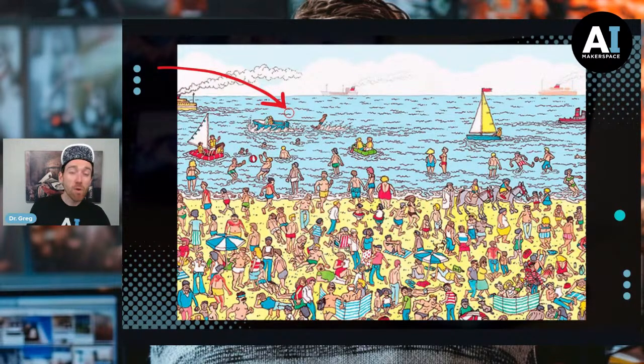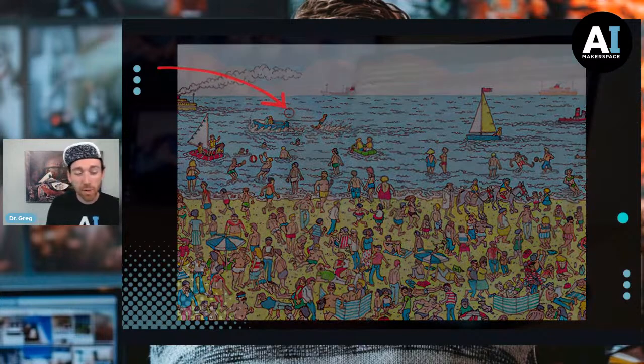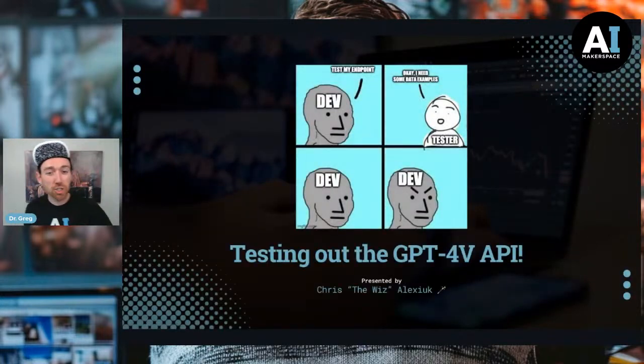To see more about exactly what kind of issues we are running into, how far we are able to take this thing, and looking at different examples across modalities, we go to our tester-in-chief, the Wiz himself, to show us exactly how to test out the GPT-4V/4o API.